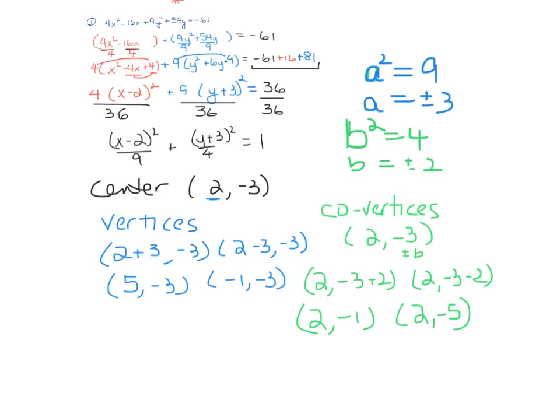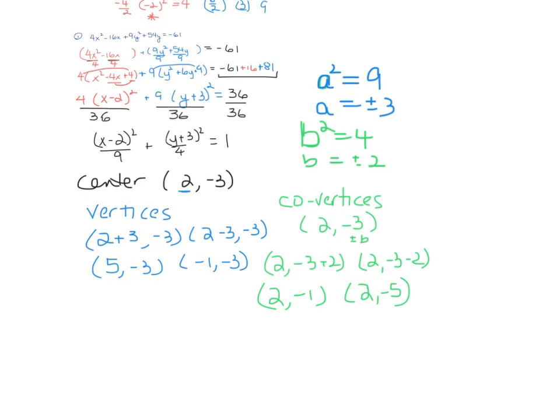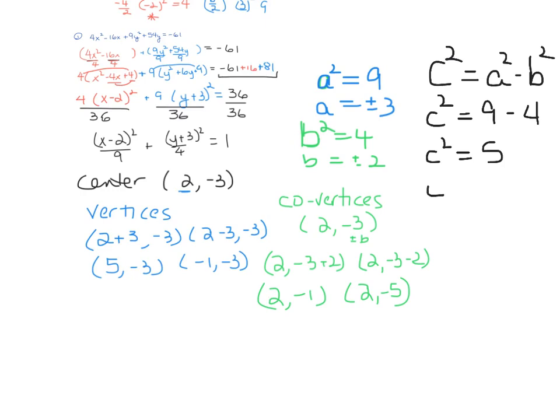So now to find c squared, I do the formula. Remember, the formula for the ellipse is a squared minus b squared. So c squared is equal to 9 minus 4, so c squared is equal to 5. So c is equal to plus and minus the square root of 5.